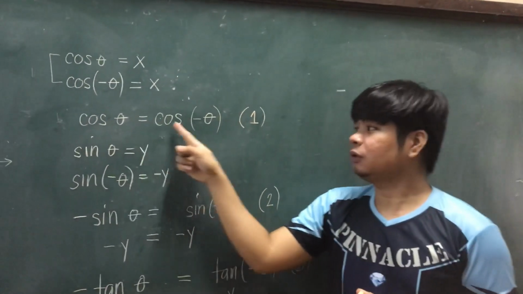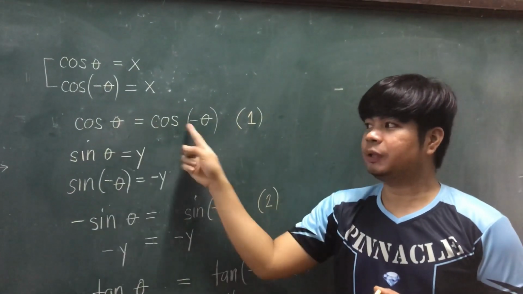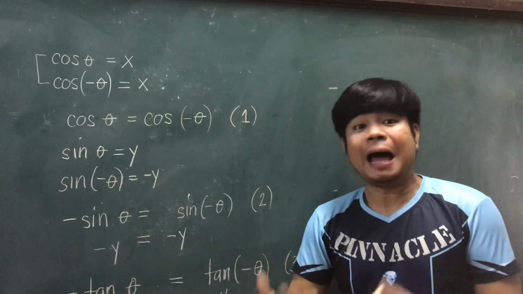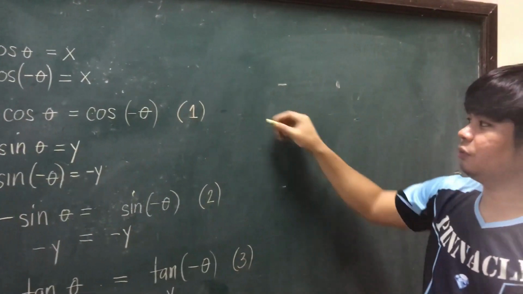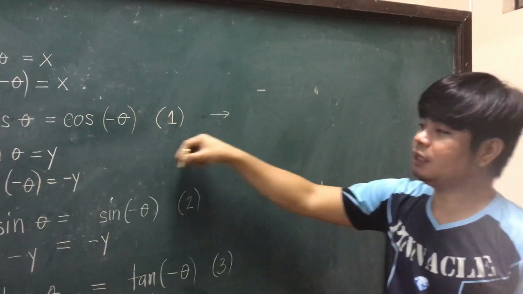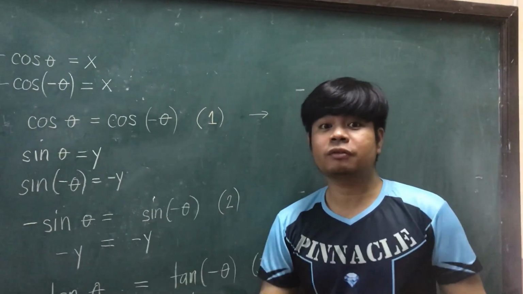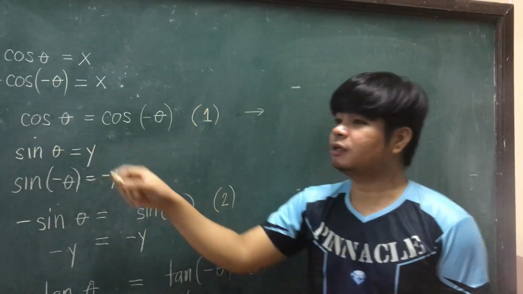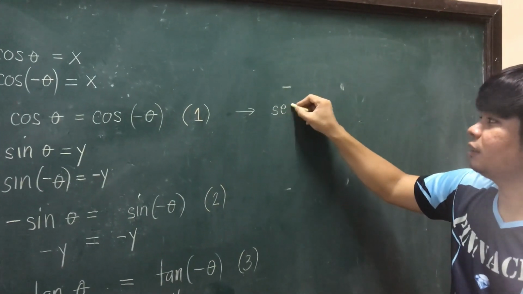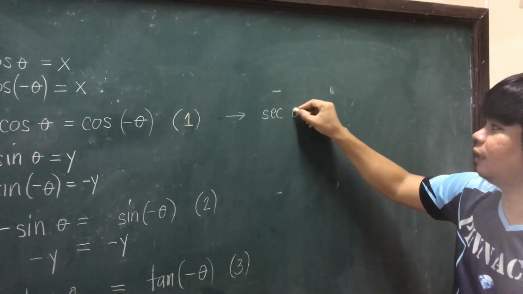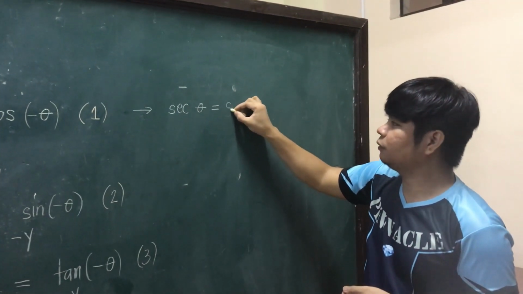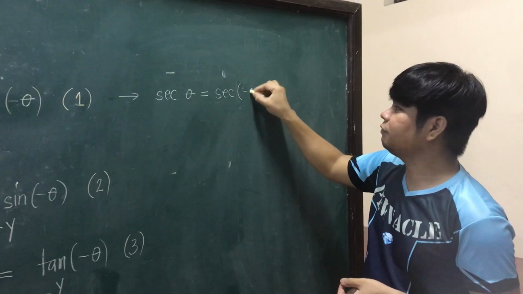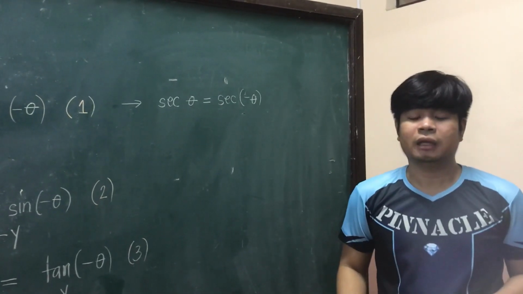Cosine theta is equal to cosine negative theta, and these two will give us both positive, based on the illustration. It means that if these are both positive, they can also be both negative. The reciprocal of cosine is secant, so we can say also that secant theta will be equal to secant of negative theta as well.